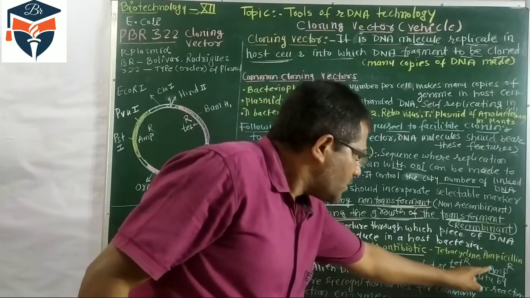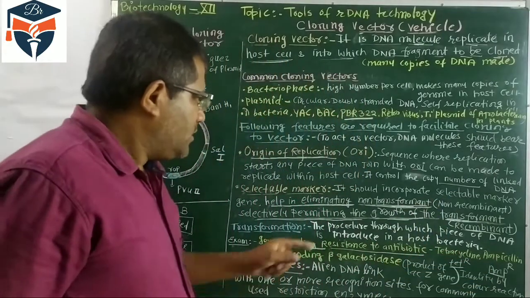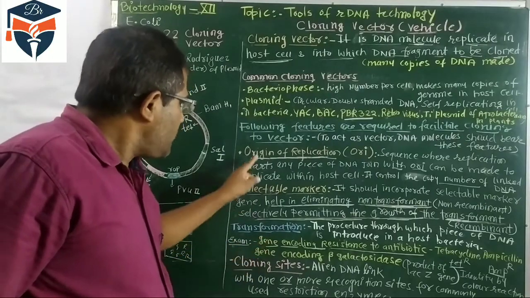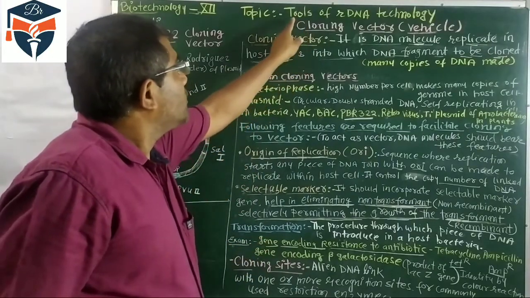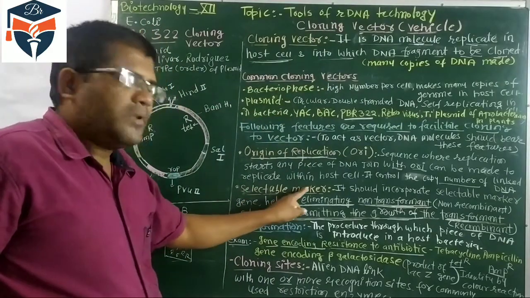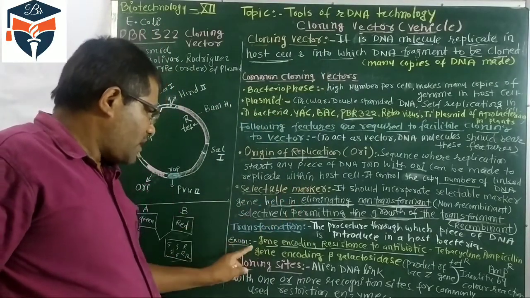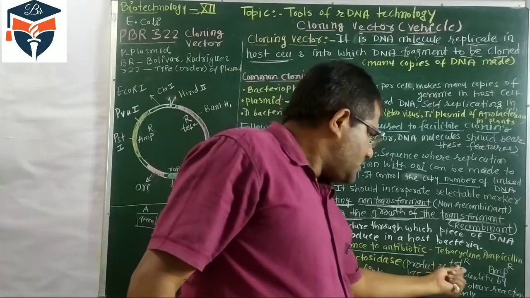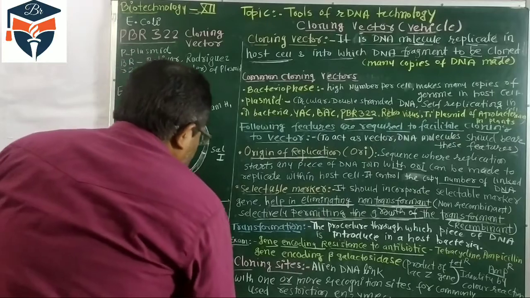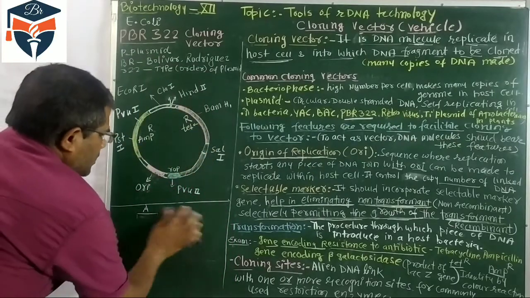So there are two genes, the tetracycline resistant gene and the ampicillin resistant gene. These are commonly used in DNA technology as selectable markers.